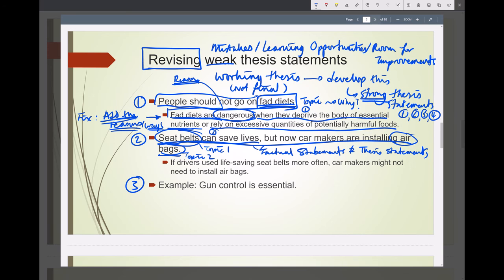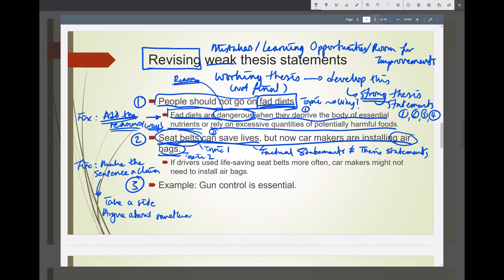So, here's a fix to this. Make the sentence a claim. So this means take a side or argue about something.